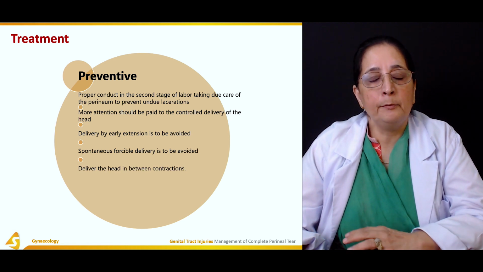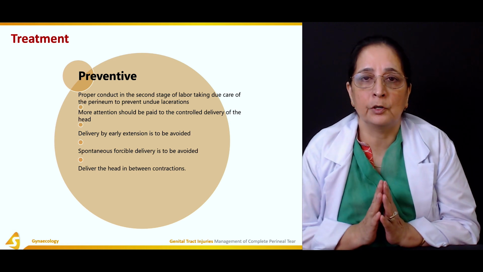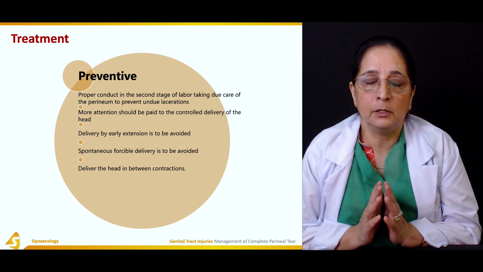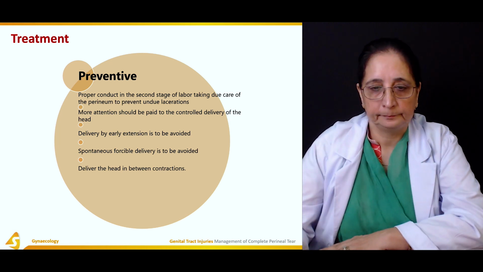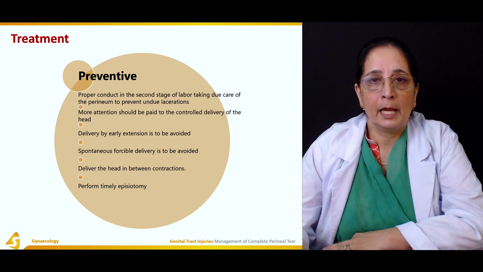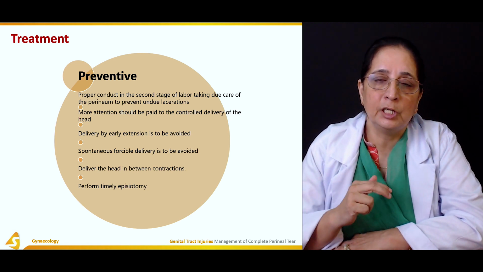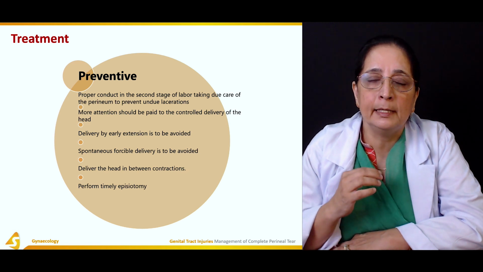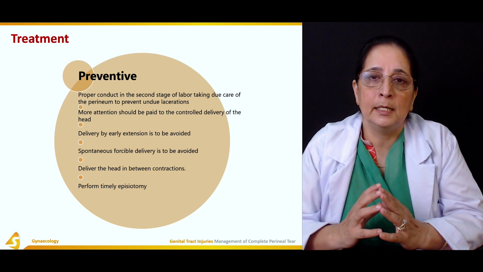Deliver the head in between contractions. When the uterine contraction is occurring, deliver the head during those contractions. Perform timely episiotomy. Episiotomy is the surgical incision given in the perineum to increase the area for the delivery.